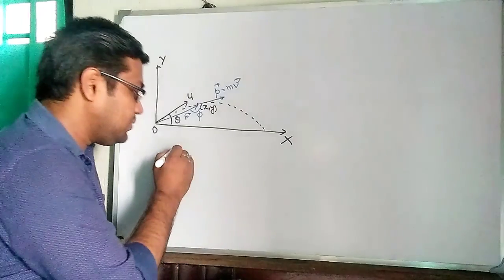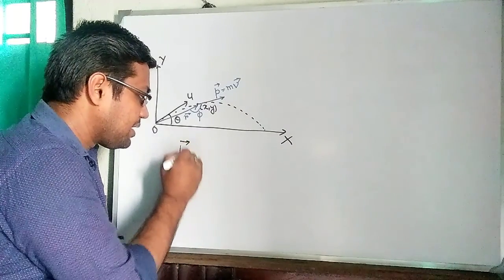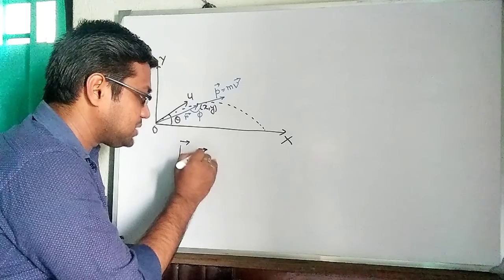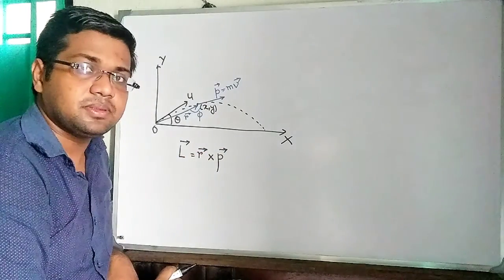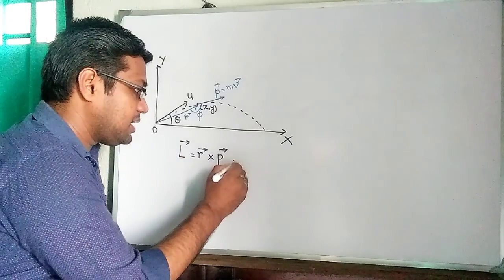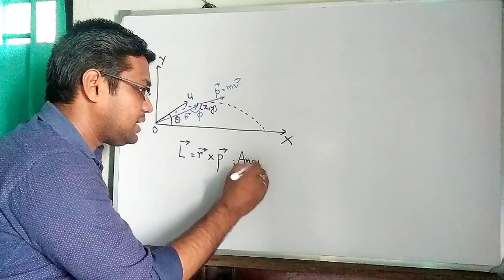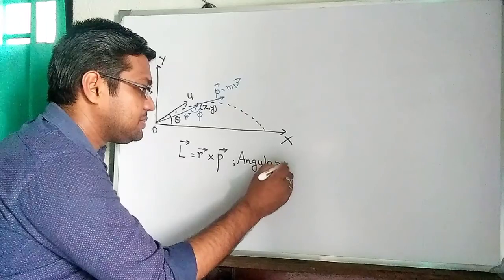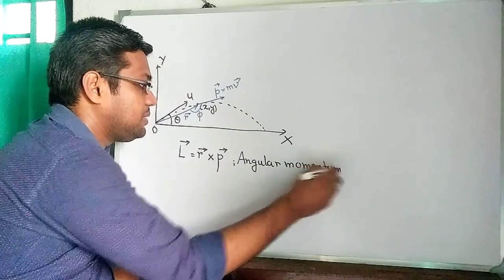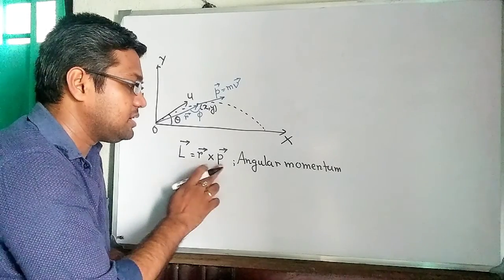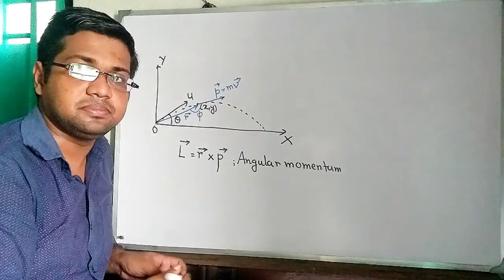Now, if I want to find the expression of the angular momentum at this point, we know that the angular momentum is the cross product of the position vector and the linear momentum.